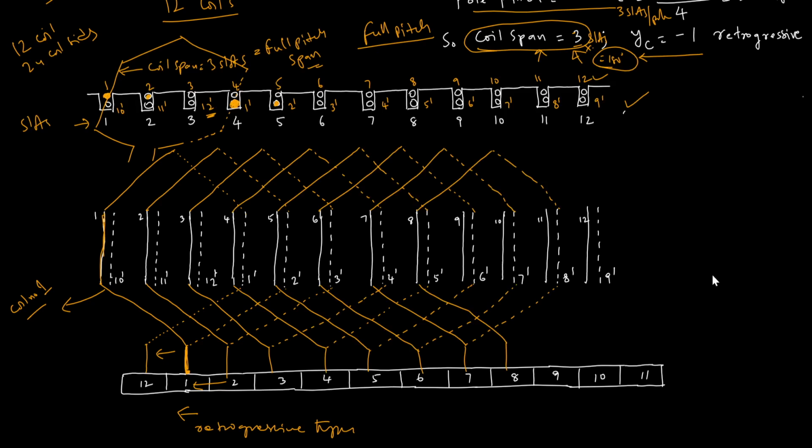Similarly 9 and 9 dash: the front end is connected to the 9th commutator segment and the back end is connected to the 8th commutator segment. And the 10th coil is connected between 10 and 10 dash.